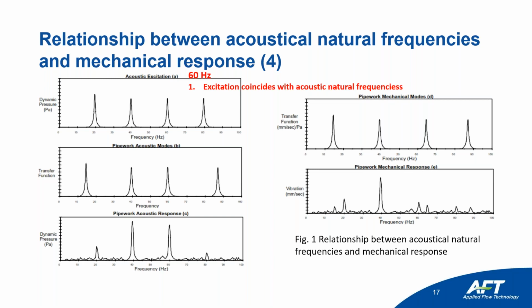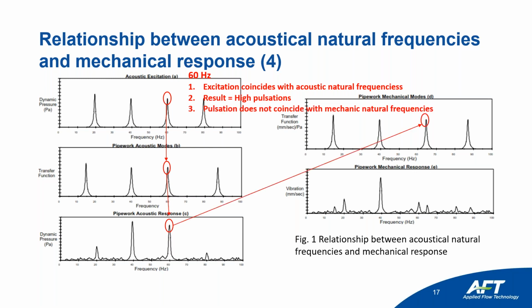Excitation coincides with the acoustical natural frequency. Consequently, we have high pulsation. But the frequency of the pulsation does not coincide with the mechanical natural frequency. Consequently, we have low displacement.